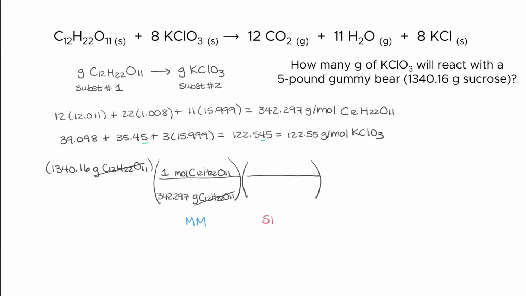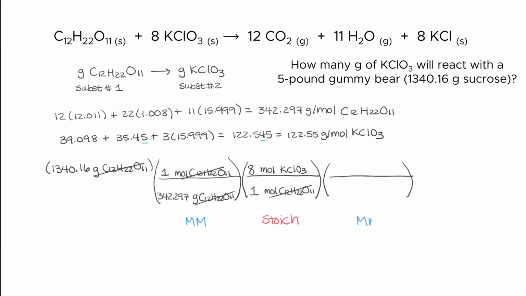Here, the denominator will be moles of sucrose in order to cancel with moles of sucrose from the previous step. That means the numerator units will be moles of potassium chlorate. We have 1 mole of sucrose and 8 moles of potassium chlorate. We'll cancel our units and then set up our next molar mass conversion factor.